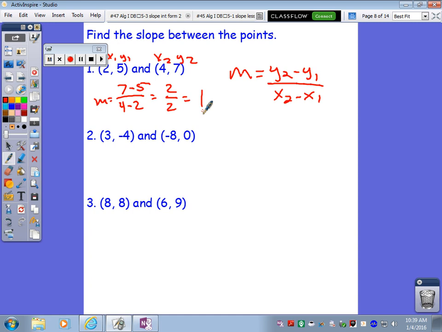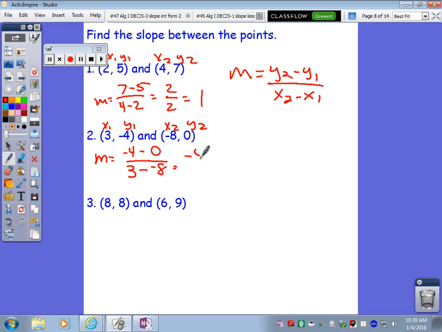Okay? And then here again, x1, y1, x2, y2. If you want to stop the video and work out these others, then you could do that. Make sure you know how to do it. Now, it doesn't really matter which point you use first. Here I could do y1 minus y2, as long as I make sure that I use the x1 first.